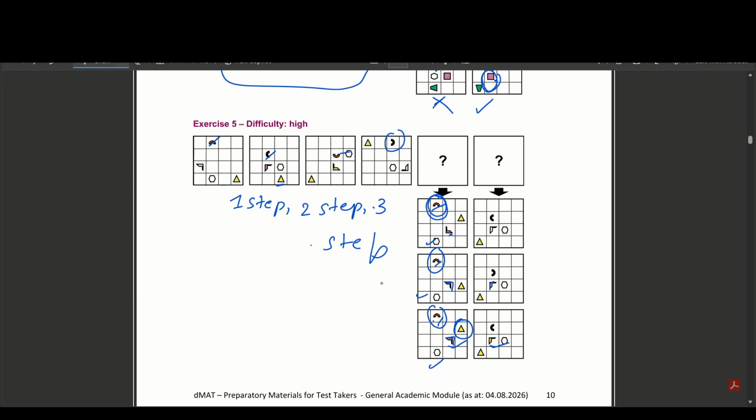One step, then skip two step, then we have skipped three step, then it's here, then we are going to skip four step, then it would be here. Four step, it would be here. So this is also correct. So the third option is basically correct here, matrix 3.